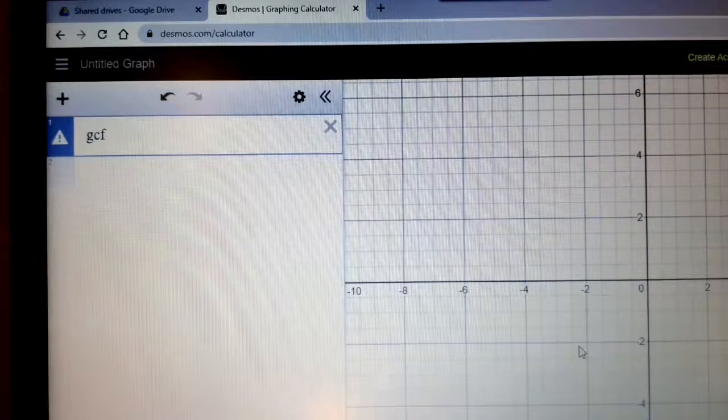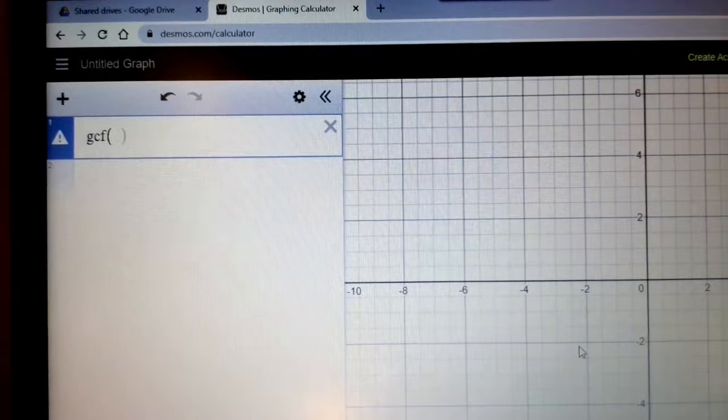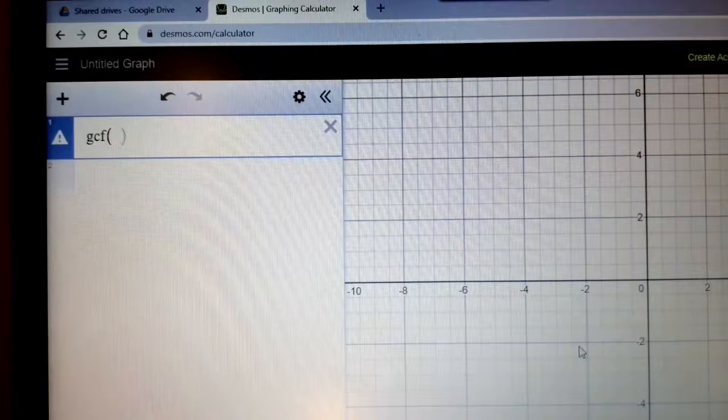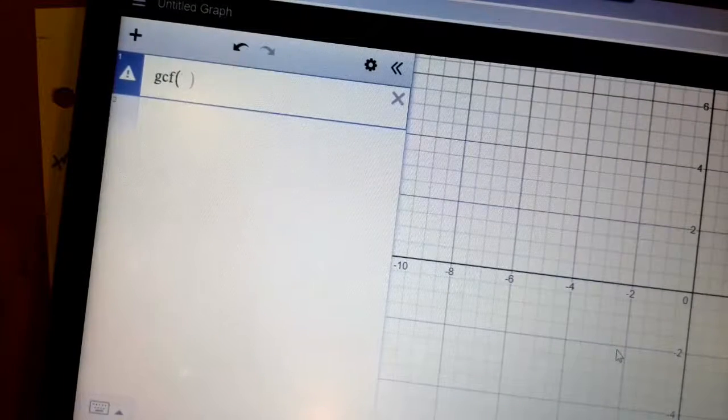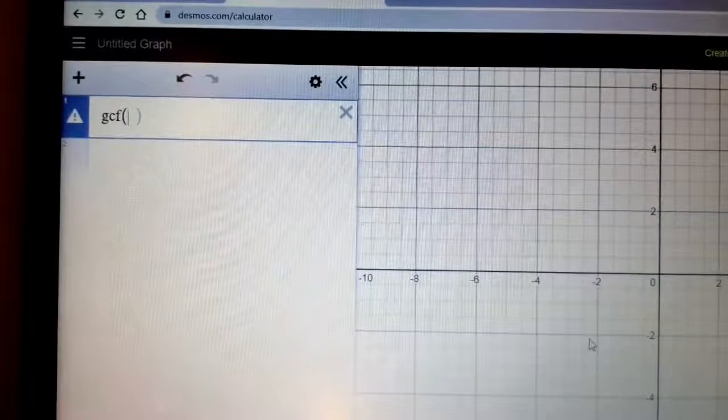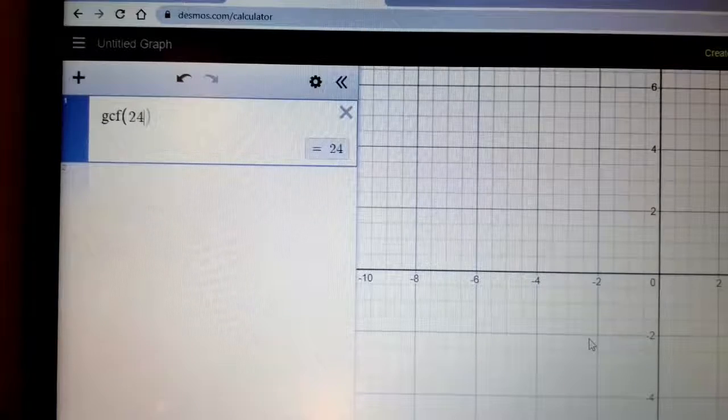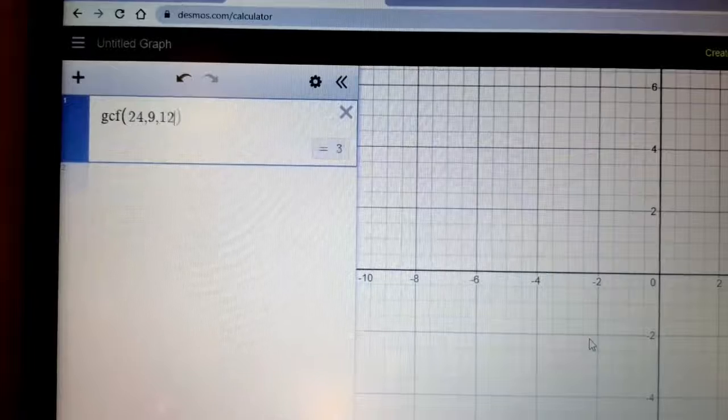And we're going to use a parenthesis, and then we want to make sure that we remember what coefficients we are considering. So if I pull my worksheet back out, I know we were looking at 24, comma, 9, comma, and 12.